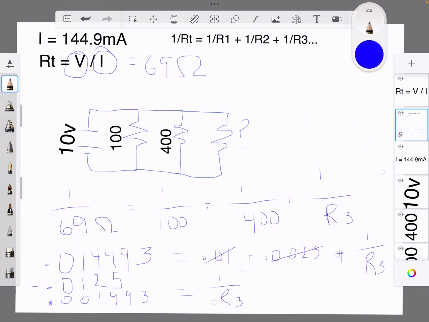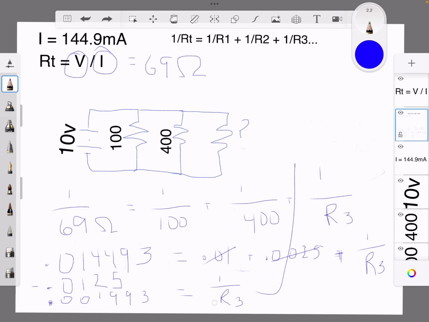You're almost there. So what we need to do is rearrange. We need to get this over here somehow. Or, better way to look at it is we need to get this up here. Well, that's called taking the reciprocal. So we're just going to do that to both sides.